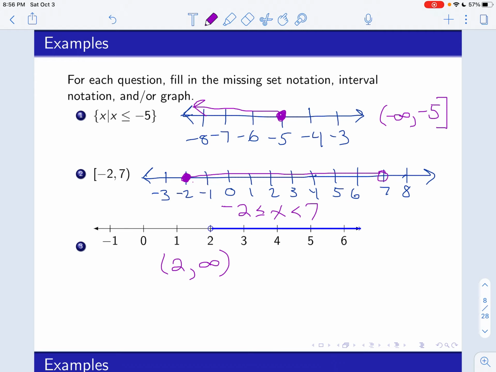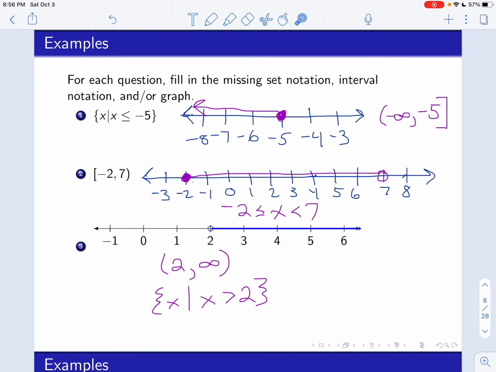So if I was going to write that as a set, it would be the set of all x such that, let's think about what our inequality is. The numbers in this blue part of my graph are all the numbers that are greater than 2. So we're going to write x is greater than 2.